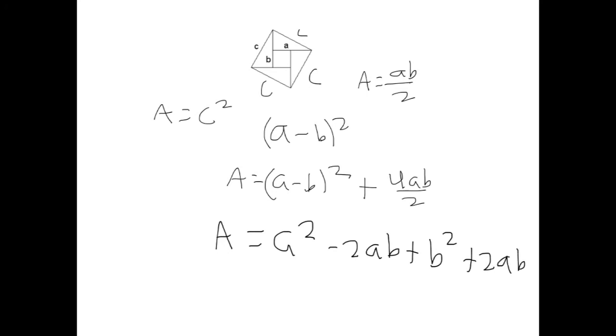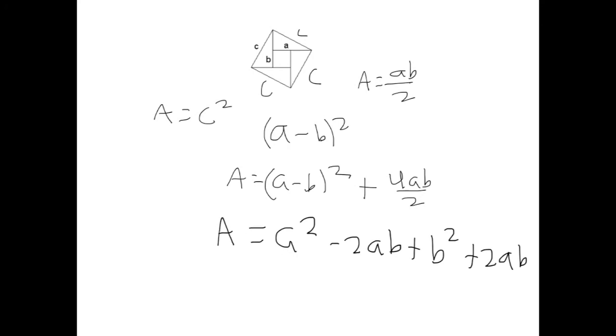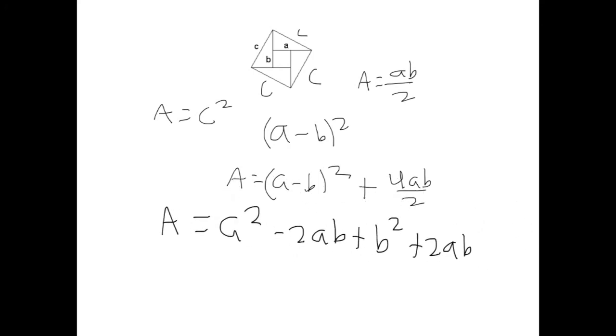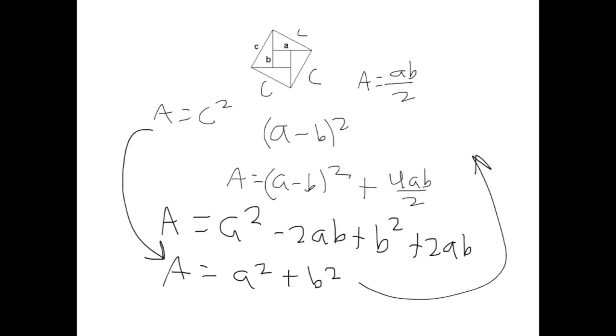And when we reduce that, it becomes A squared plus B squared. And up here we said the area of this square is C squared, so we'll just plug that in right there, and we are going to get C squared equals A squared plus B squared. Yay!